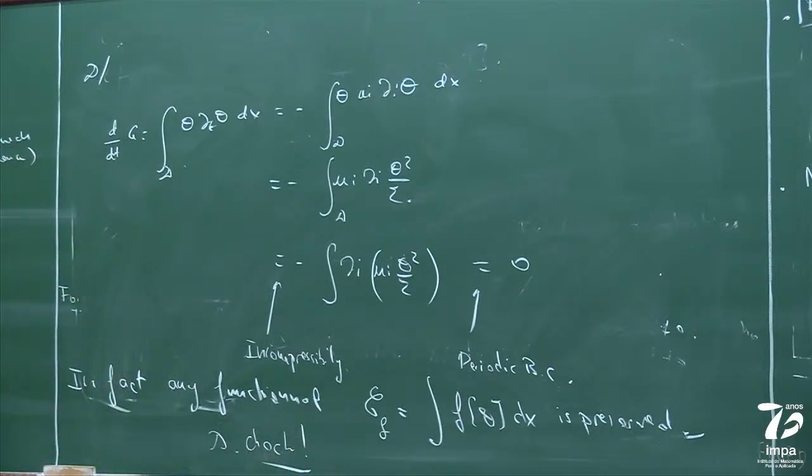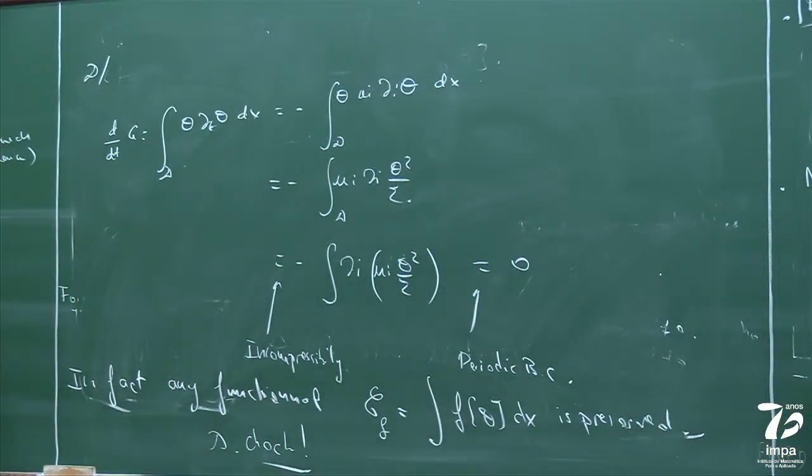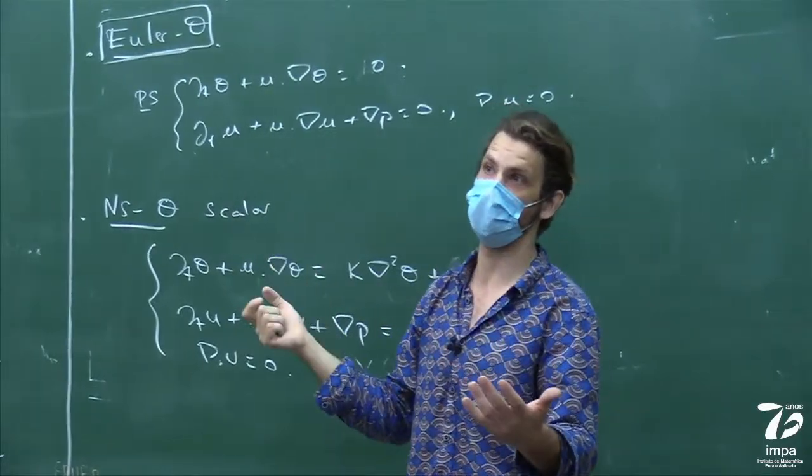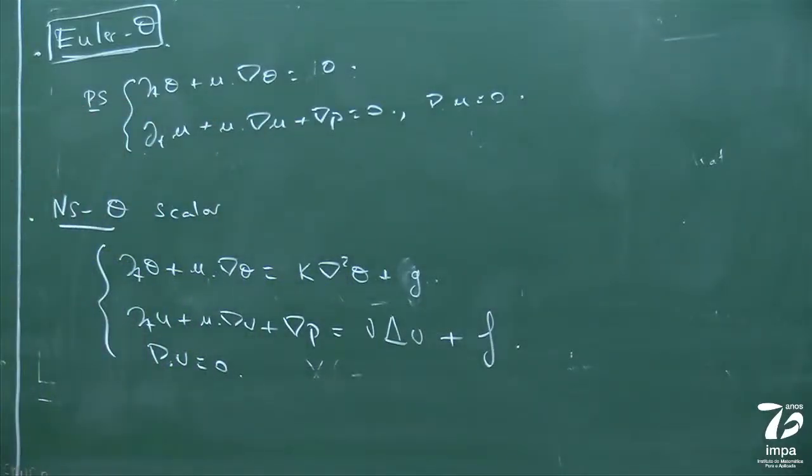Indeed, it is a transport equation. So in a sense, this equation really resembles some equations that we've already seen. It resembles, for instance, the vorticity equation in 2D. It also resembles the Burgers equation. The only difference is that in the vorticity equation, theta was related to the velocity field by a curl, and in the Burgers equation, theta was the velocity itself. So those two equations can be thought of as not passive but active scalars.